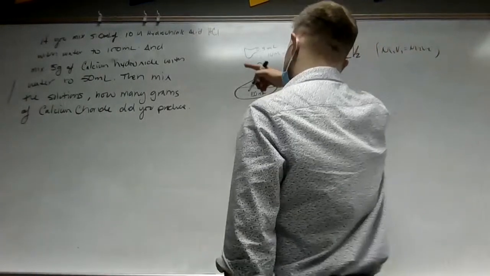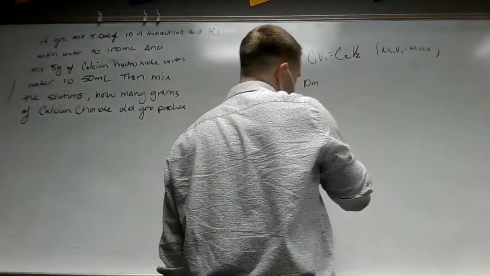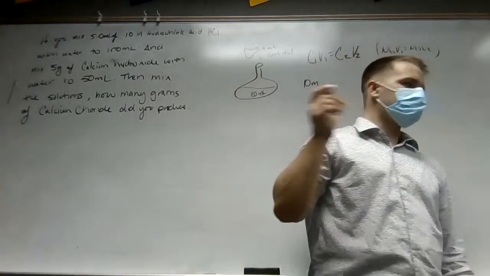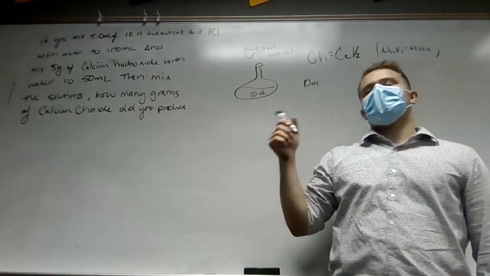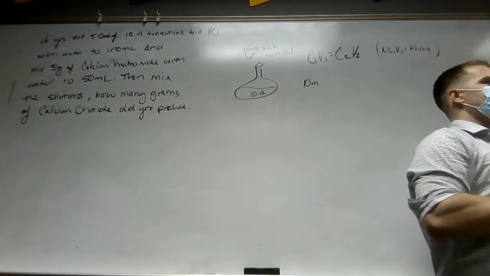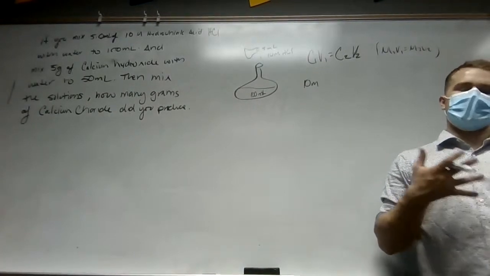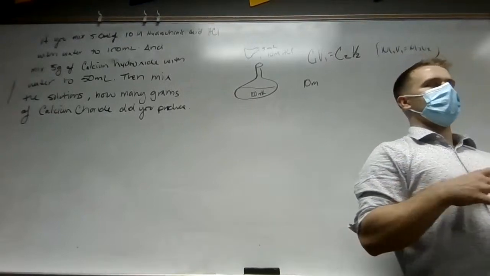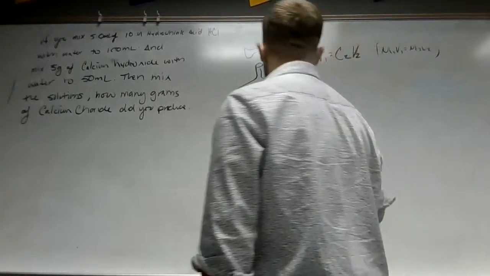Our first concentration is 10 molar. As long as your units are the same on both sides of the equal sign, you're okay. You don't need to convert into SI units. You can, but the biggest thing is to make sure your units are the same on either side.